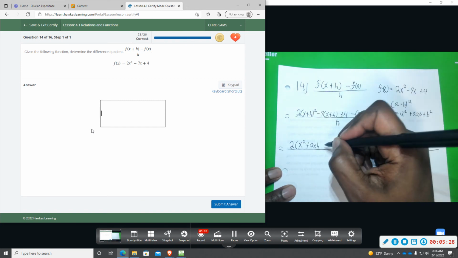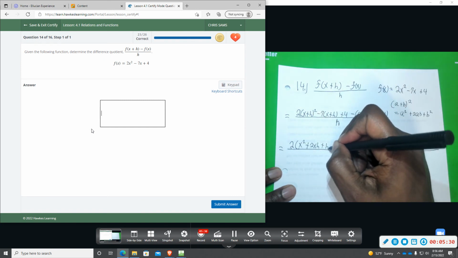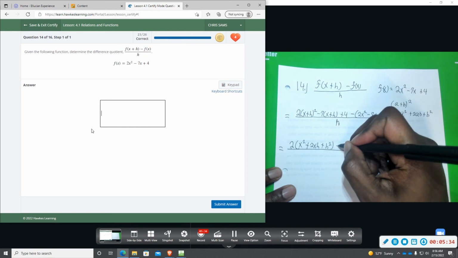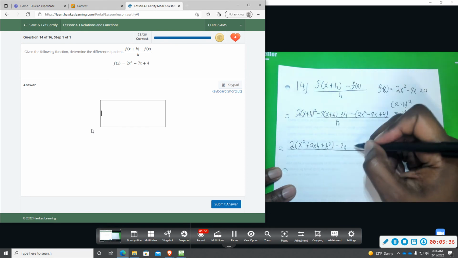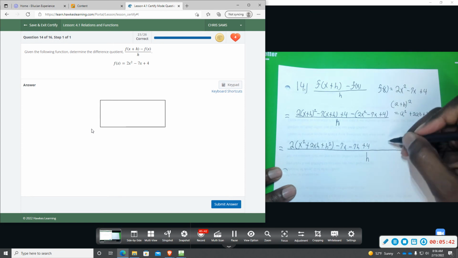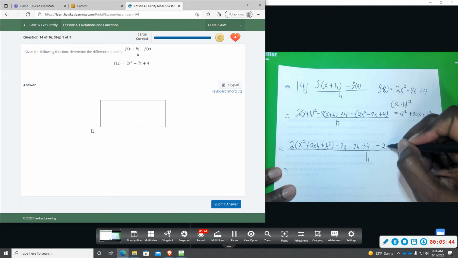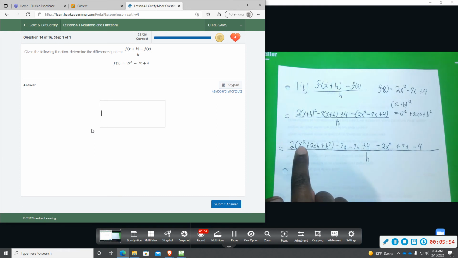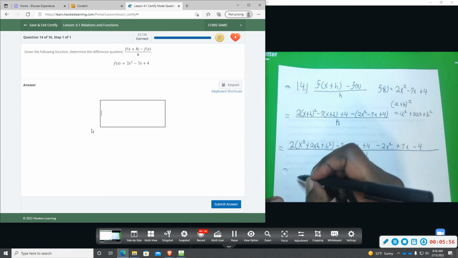And then square the last term. Distribute the 7 through. So minus 7x minus 7h plus 4. And then distribute negative throughout these. So minus 2x squared. It's going to be a plus 7x. And then minus 4. All right, and then I'm going to distribute the 2 throughout the first set of parentheses.